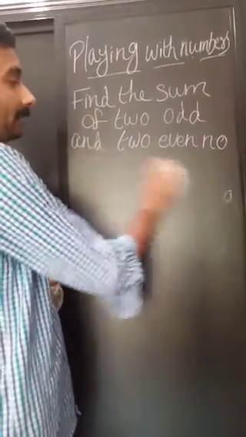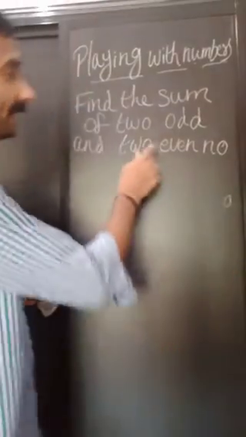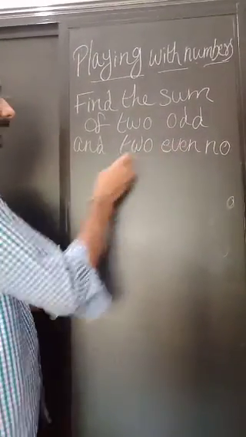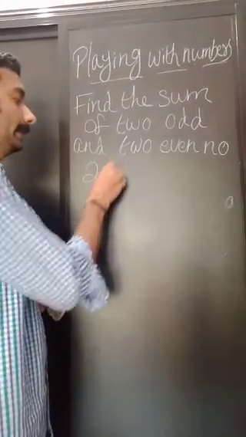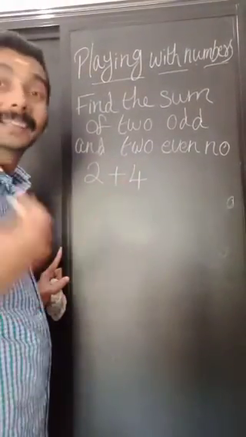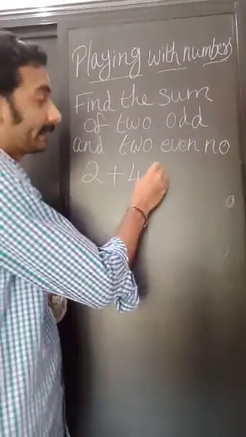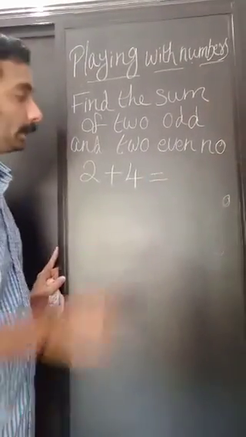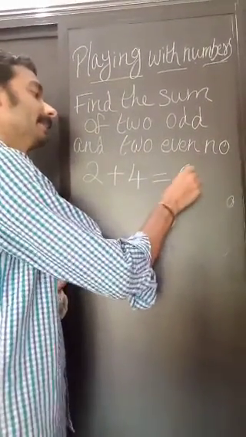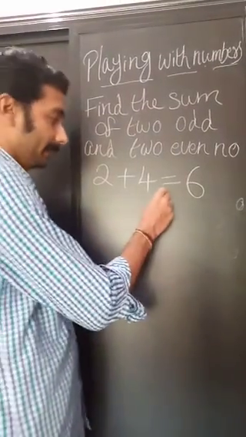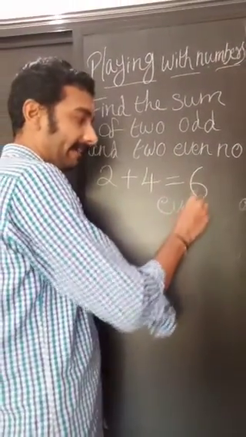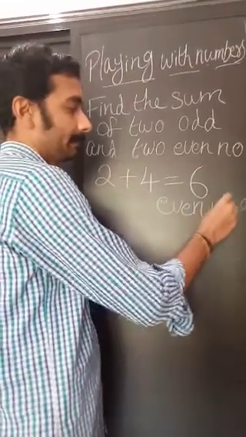Then the other one is two even numbers. 2 is an even number, plus 4, another even number. The result is 6. Yes, 6 is an even number.